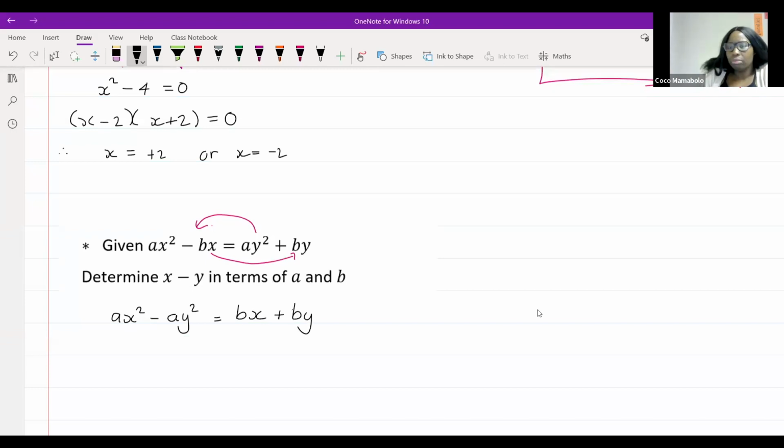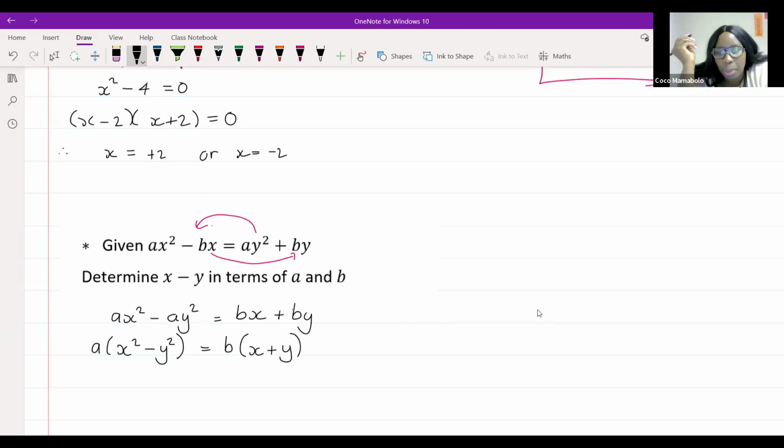I've got an A, right? Good. So we're going to take A out, and then I'm going to get X squared minus Y squared. And then on this side, I'm going to take out B. Right, Narisha, beautiful. Then on this side, I'm going to have X plus Y.